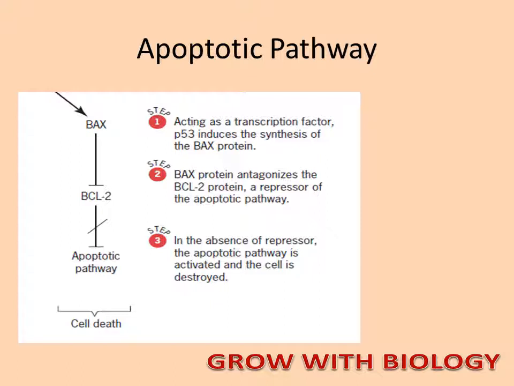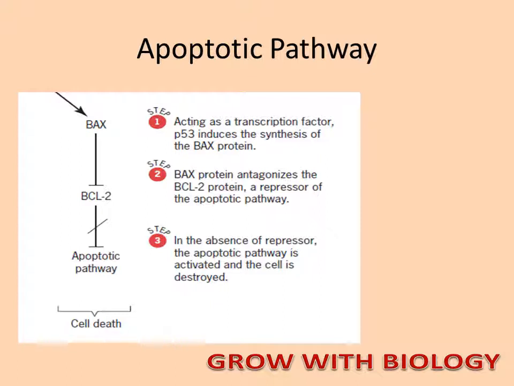The cell will die. So the level of P53 in a normal cell is very low, but in a damaged cell it is high. Now if the damaged cell is supposed to have cell division, then cleverly P53 will control the cell division, and if the cell is about to die, then it will cleverly instruct the cell to take the step of apoptosis.